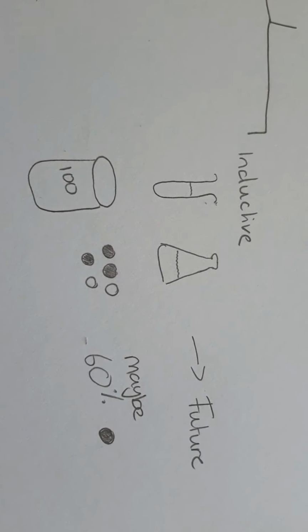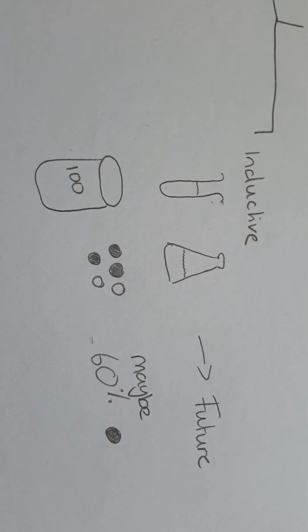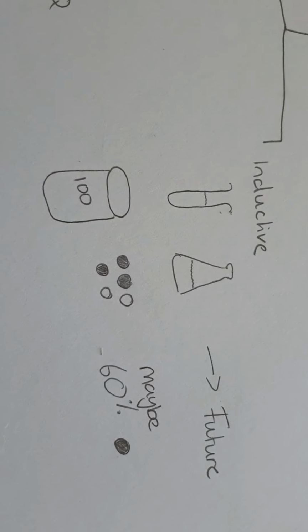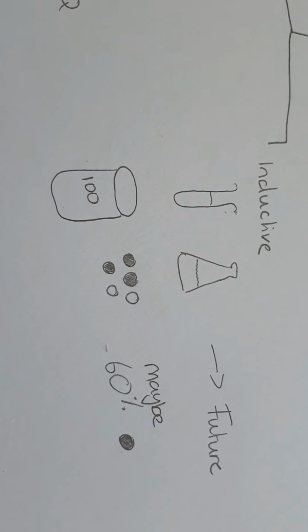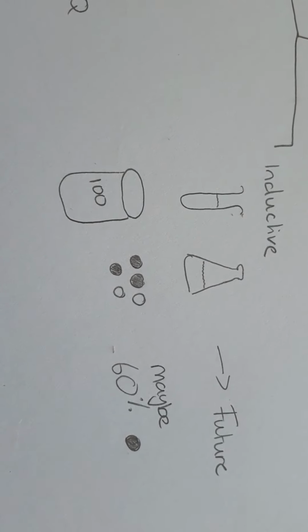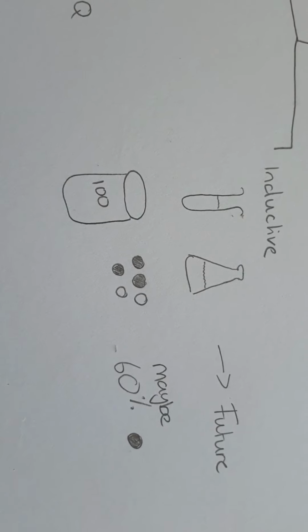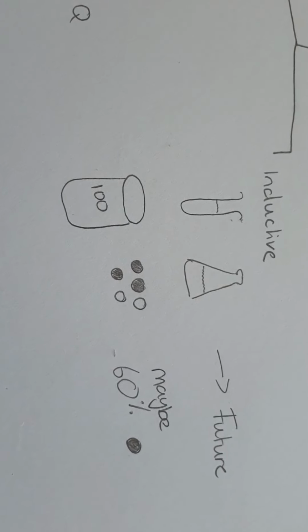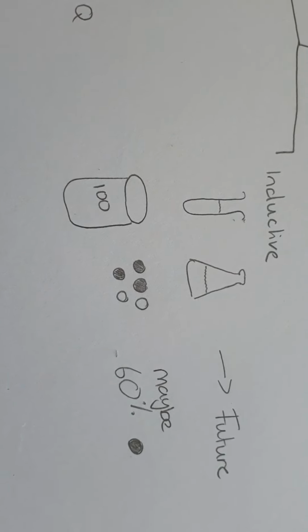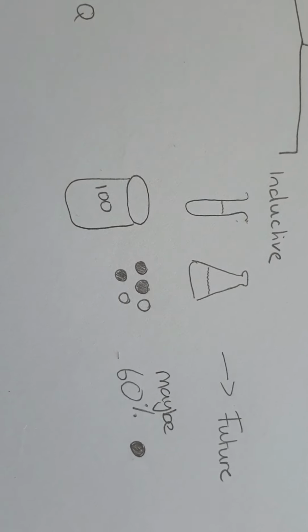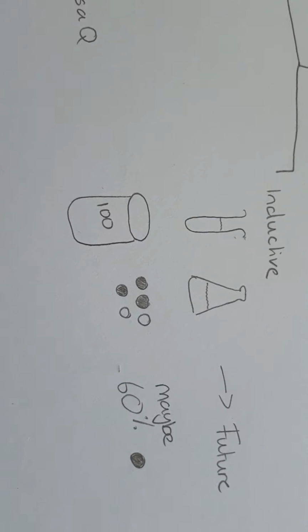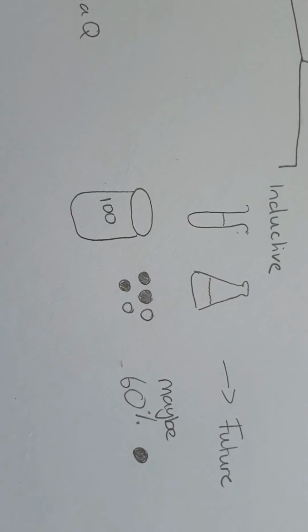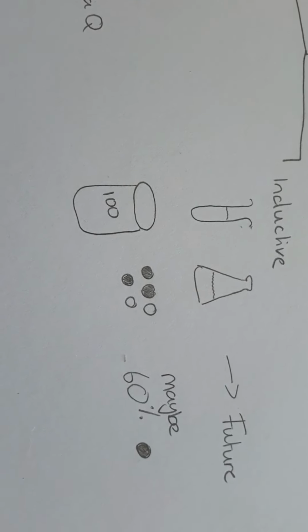An example might be statistical induction. Statistical induction is where you say that a certain percentage of a sample of a group has a certain feature or characteristic, therefore that will be true of the remainder of the group.